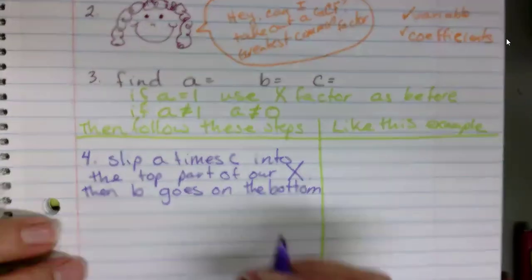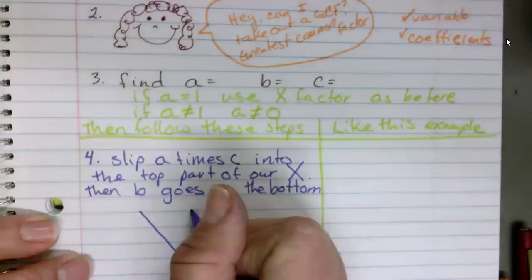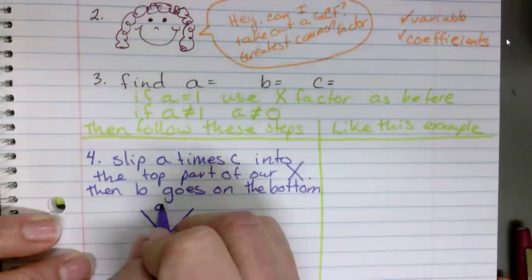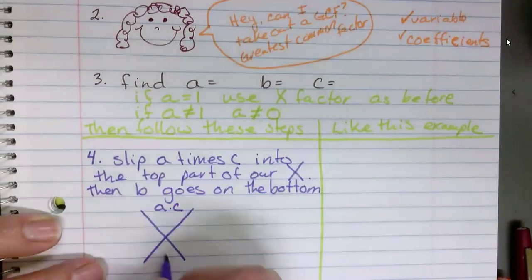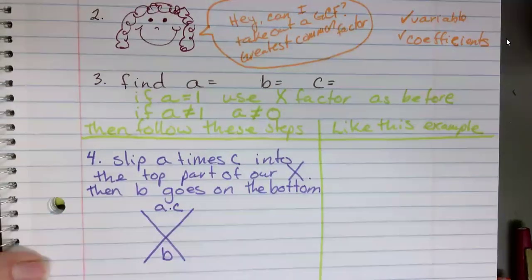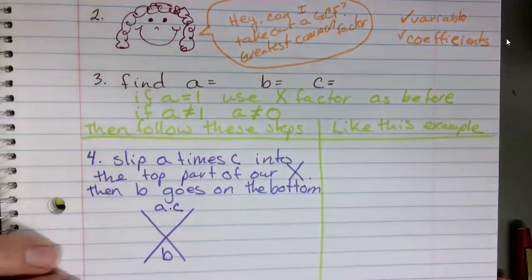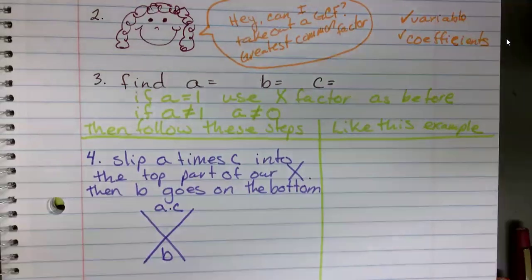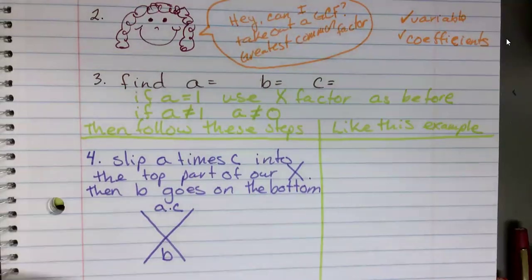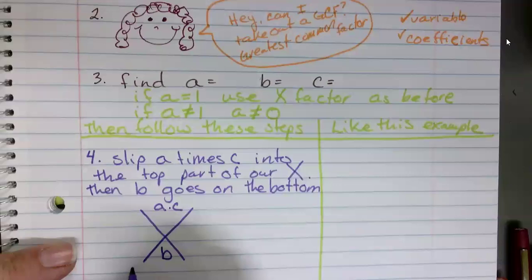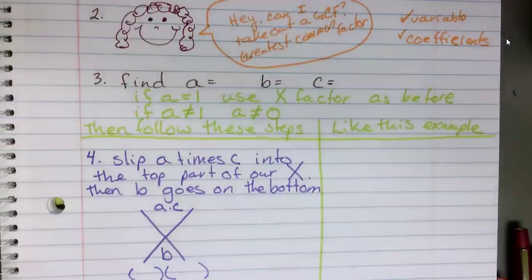And so that'll look a little bit like this. We're going to go A times C on the top, B on the bottom. And then we end up with stuff like this.